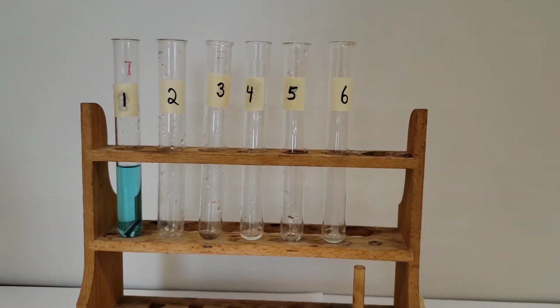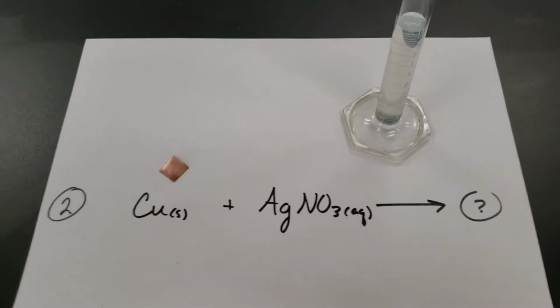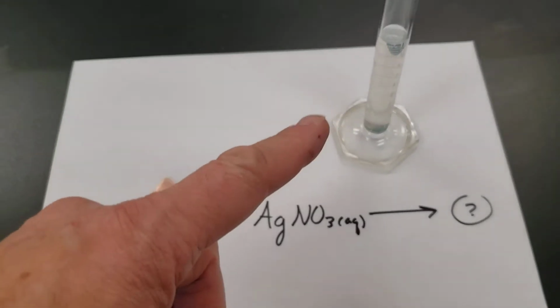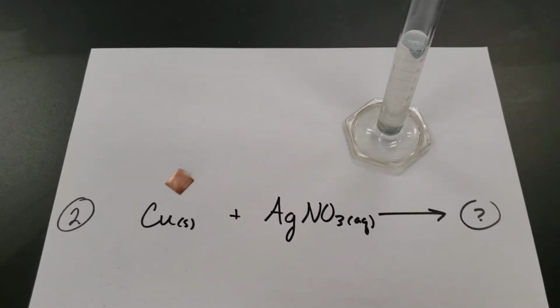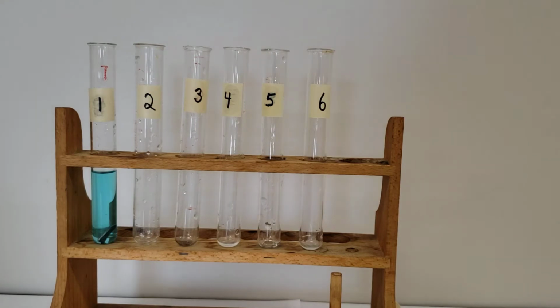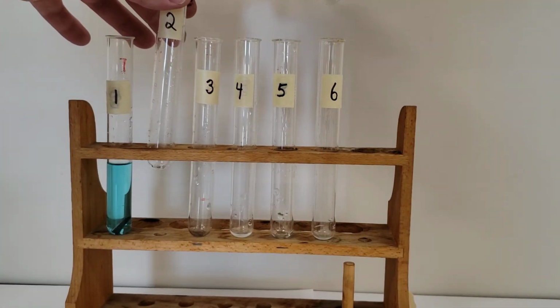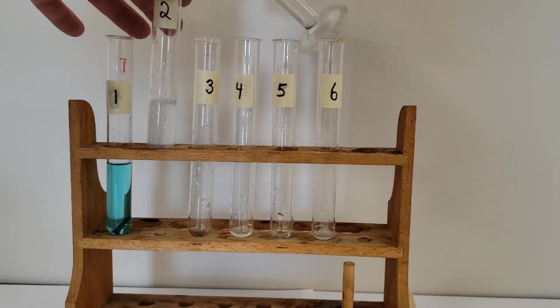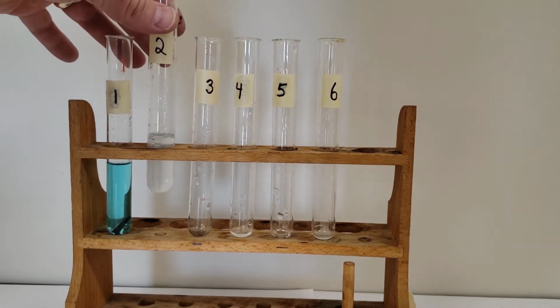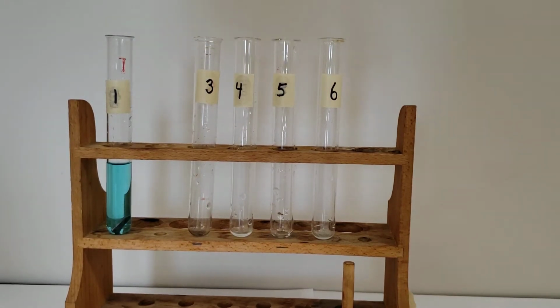Okay, we'll look at reaction number 2. Reaction number 2 has solid copper, and we're adding it to silver nitrate in aqueous solution. All right, so we'll put the silver nitrate in, and we'll add the copper. Okay.